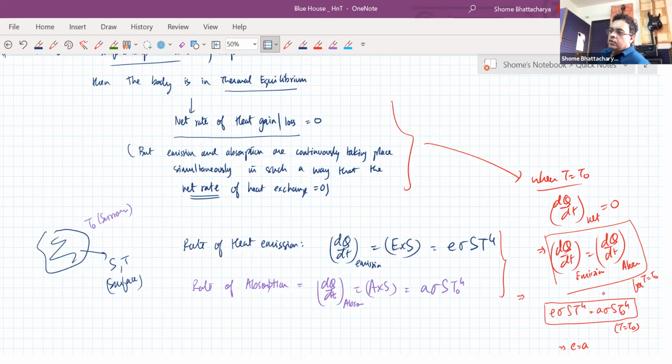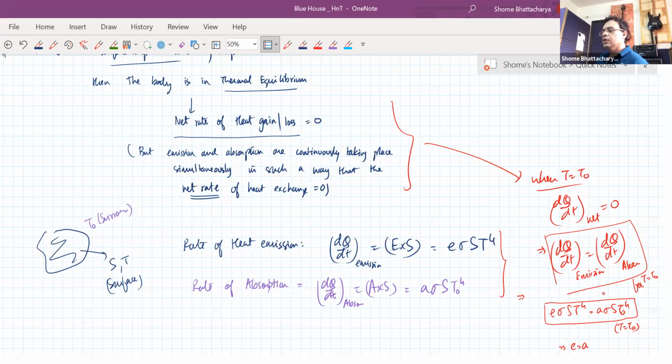Whatever the emissivity is, it will remain the same whether the temperature of the surface is 0 degrees C, 50 degrees C or 100 degrees C, and the same for absorptivity. It will not depend on the surrounding temperature. So if I get a particular relationship when the surrounding temperature is equal to the temperature of the surface, then that relationship between E and A will hold for any temperature, because E and A are material properties, not dependent on temperature. Is the point clear?